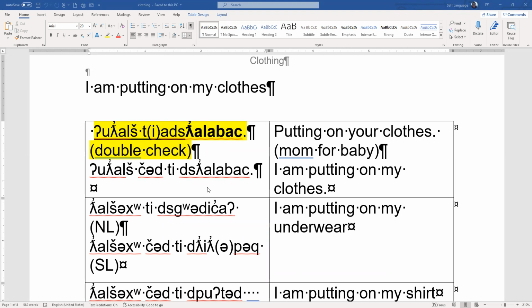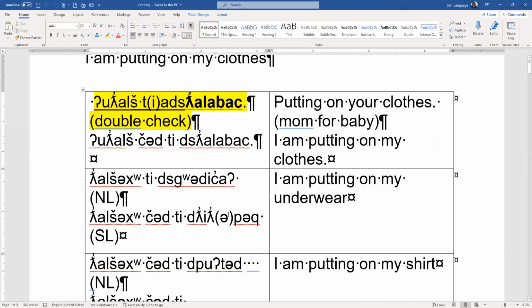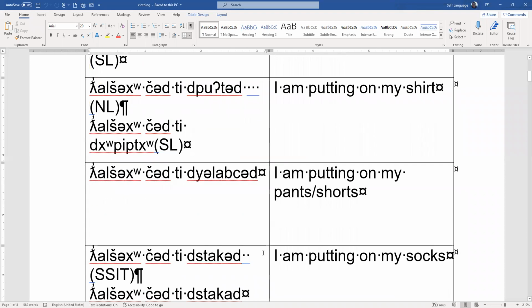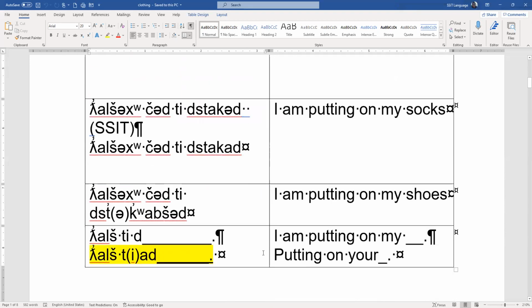That being said, there are northern and southern parts of this, and I want us to focus on the Lushootseed.